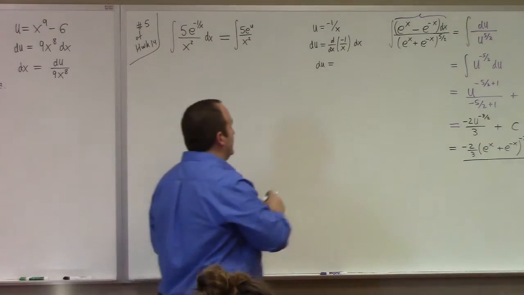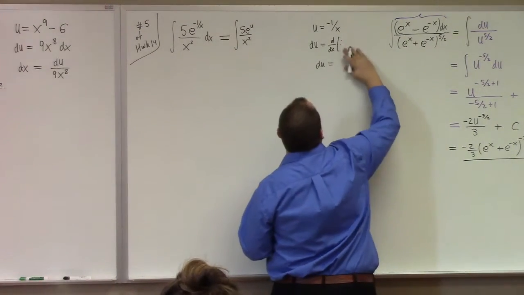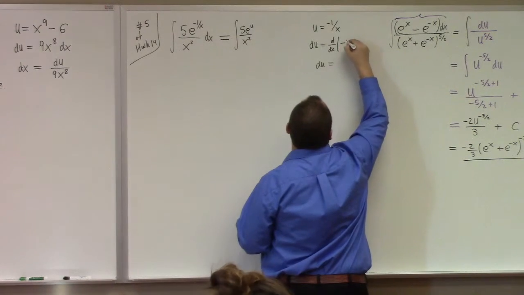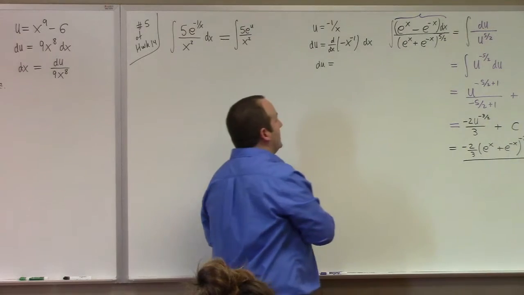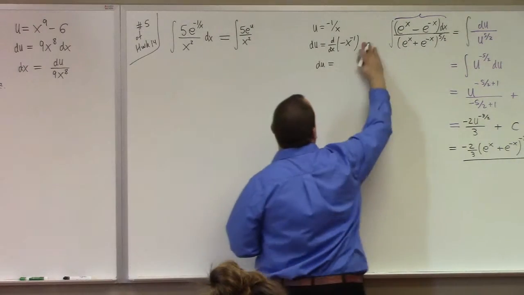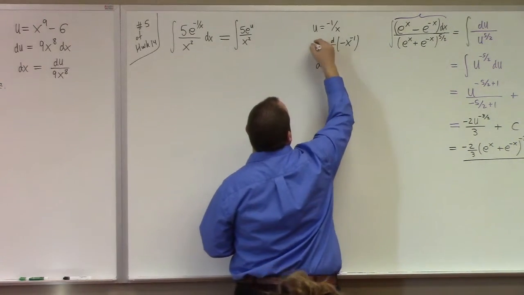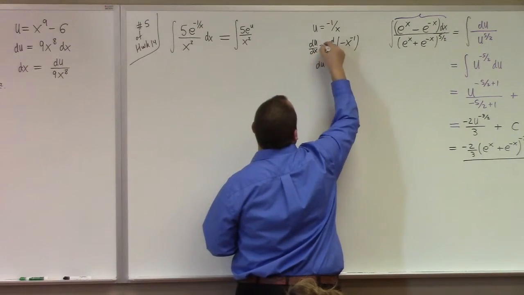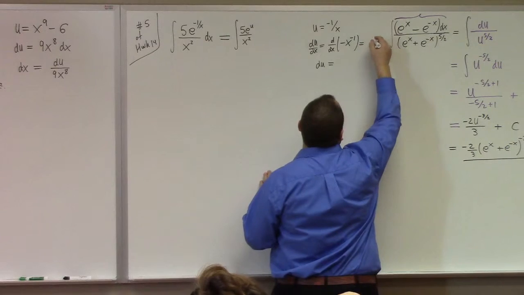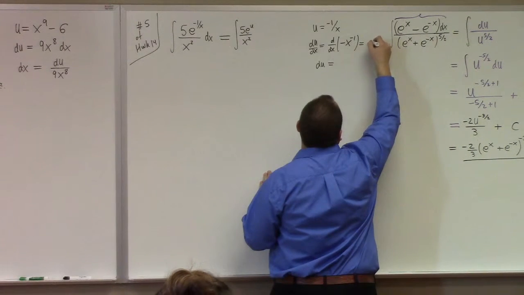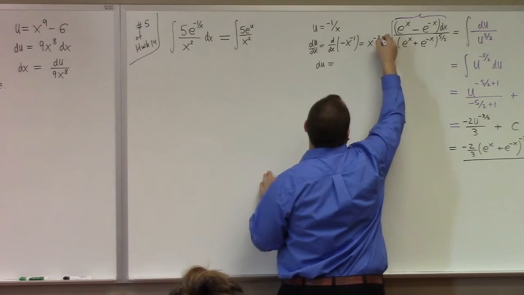Let me write it more suggestively. Minus x to the minus 1. Or tell you what, let me even write it this way. du dx is equal to this, right? Which is what? It's x to the minus 2, right?